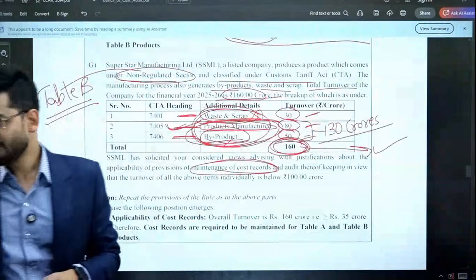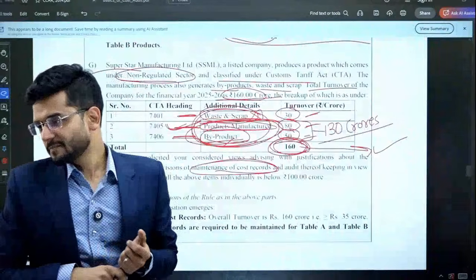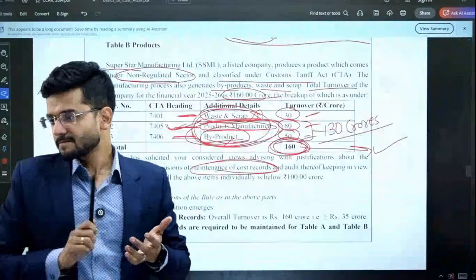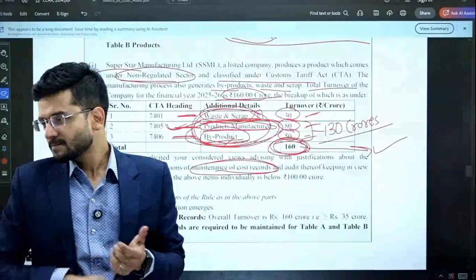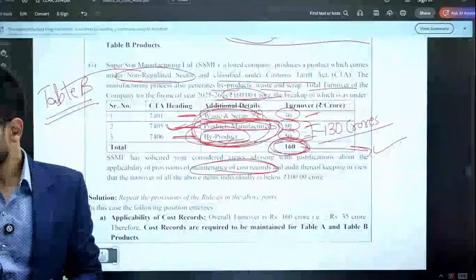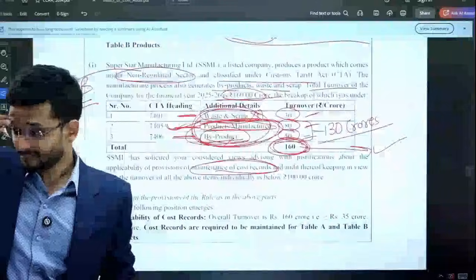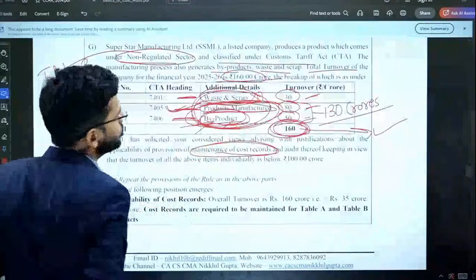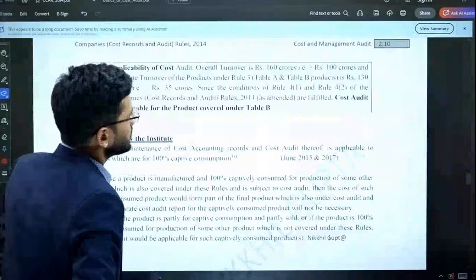One very critical point. Even byproducts are included in rule 3 because it's a byproduct. That is a very, very important analysis which you need to understand.